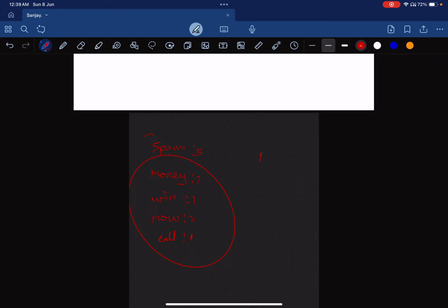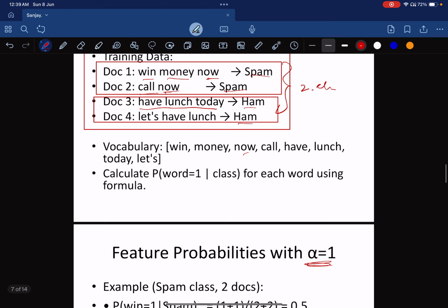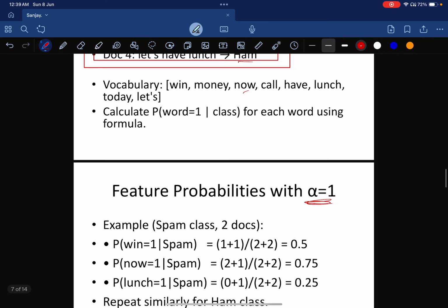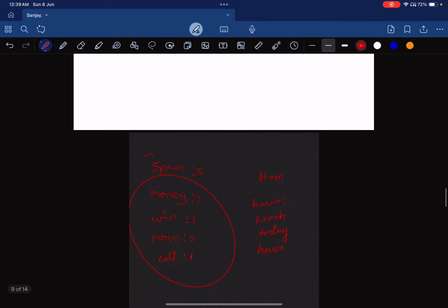Similarly, for the ham class, it will store the words and their frequency. Let's see: have lunch today, let's have fun, have lunch today. Have occurs two times.